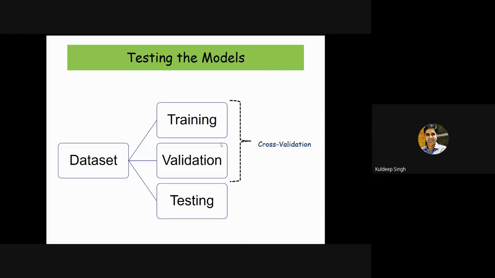Suppose we have divided the training set into 5 small portions and validation into 5 small portions. We randomly pick these small portions for training and validation, and this is done iteratively, so that all the images of training as well as validation become part of training as well as validation.